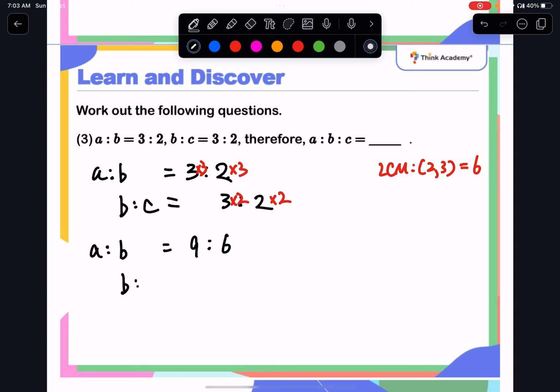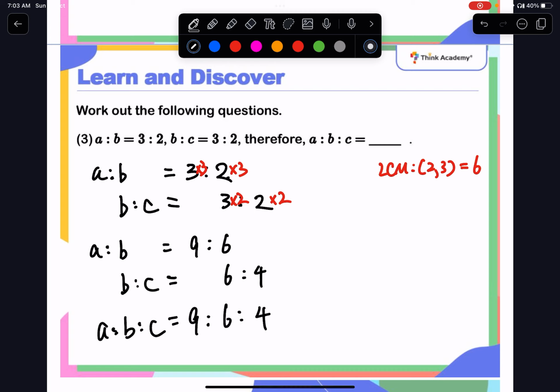And B to C is equal to 6 to 4. So now these are equivalent ratios, so the meaning is still the same, but we can now link up the ratio. So A to B to C is 9A comes with 6B comes with 4C. So we have 9 to 6 to 4.